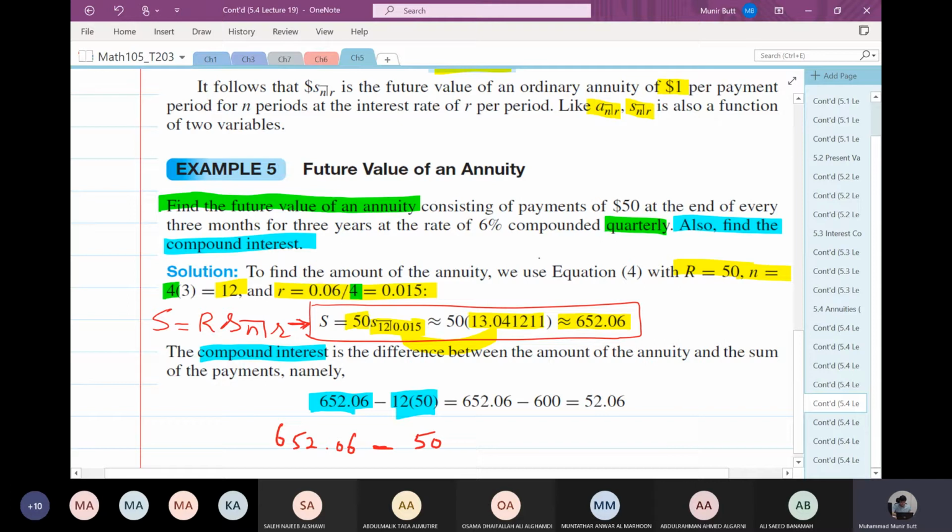Okay, and we see that in 3 years we have 12 quarters. So if in one quarter we pay $50, in 3 years we will pay 12 into 50. But we have seen that the sum after 3 years with the annuity was 652, while in principle it was 50 into 12. So the difference will be the extra that you have paid. Agree?